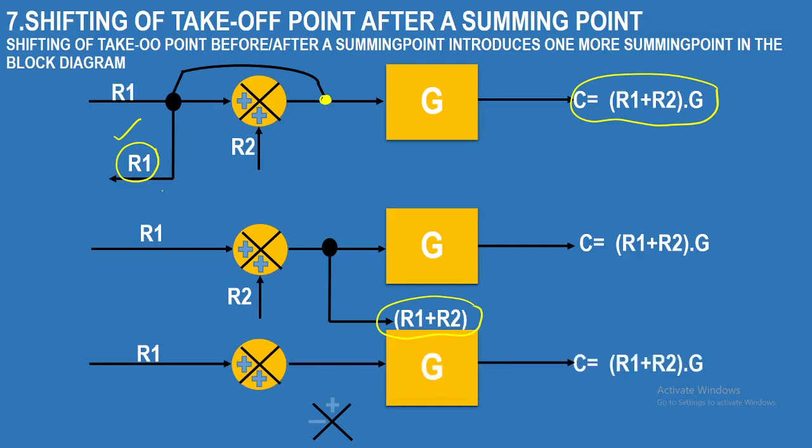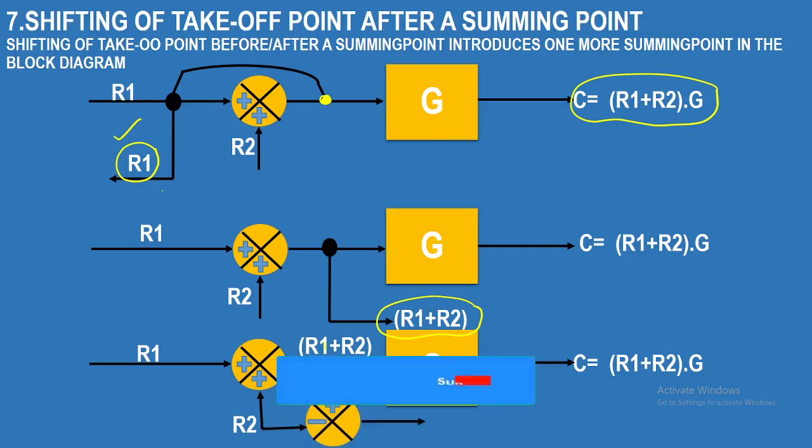So see what changes I am going to make. This is not going to change anything, but if you observe here, I am going to add this R2 as well, so the output here will be R1 plus R2, the takeoff point output, which is then given to one summing point. Then I subtract this R2, so what is the output of the takeoff point? Once again R1.